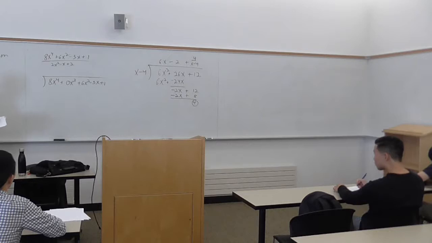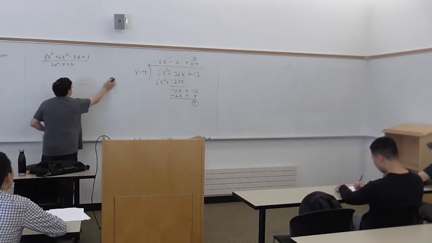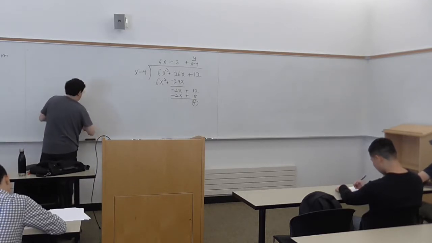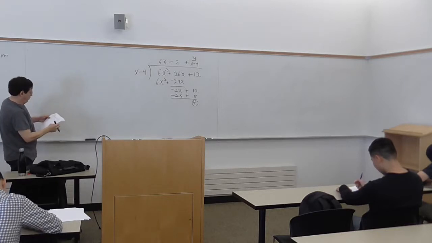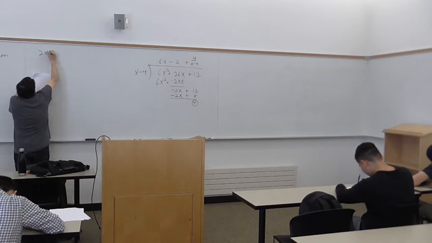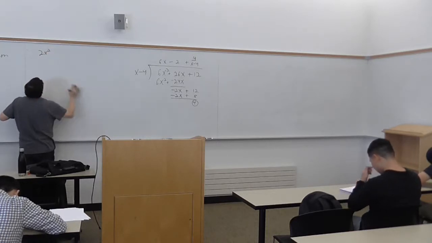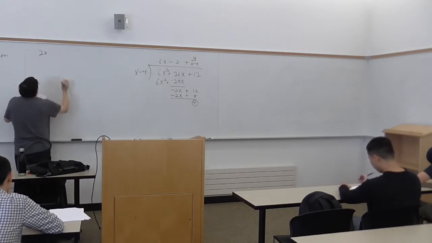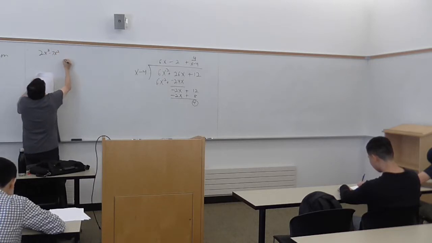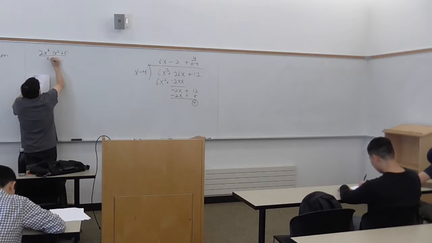All right. Let's look at synthetic division. We're going to take this problem: 2x cubed minus 7x squared plus 5 divided by x minus 3.